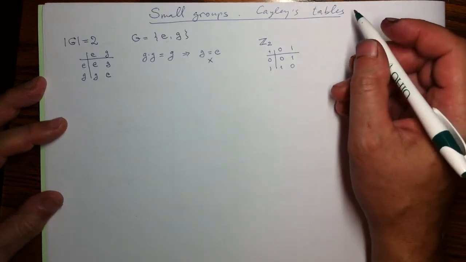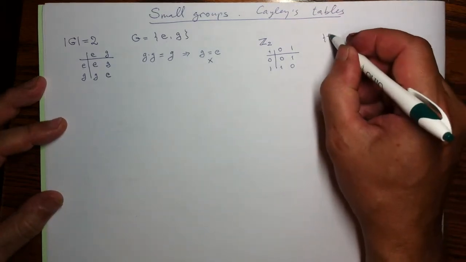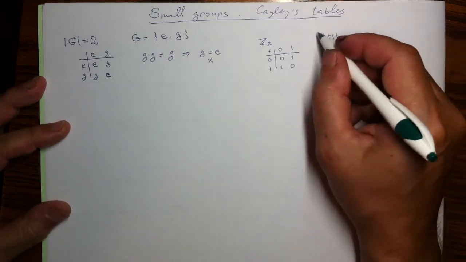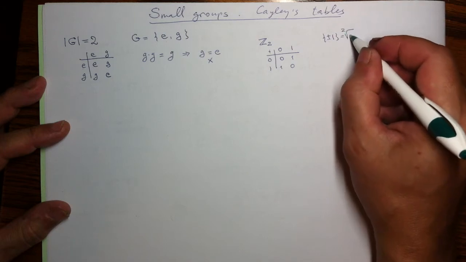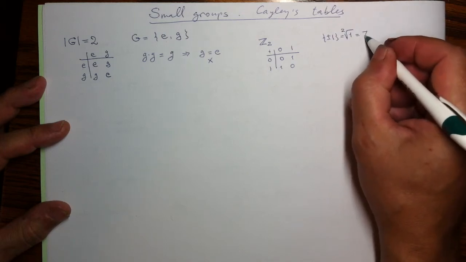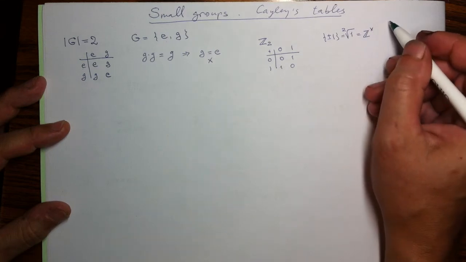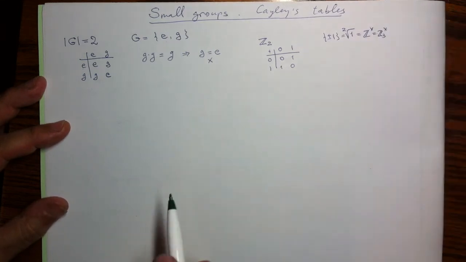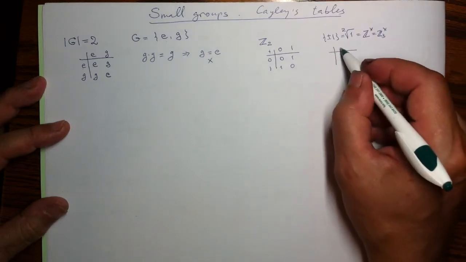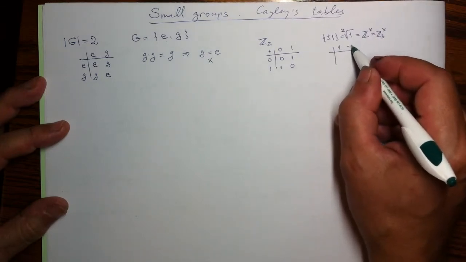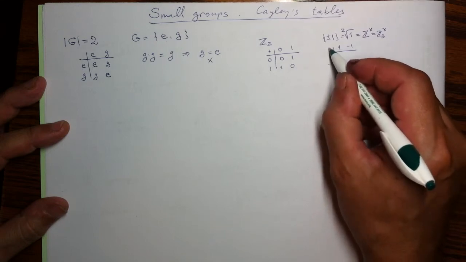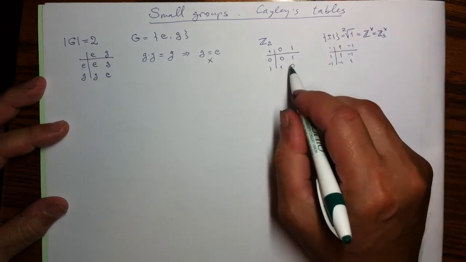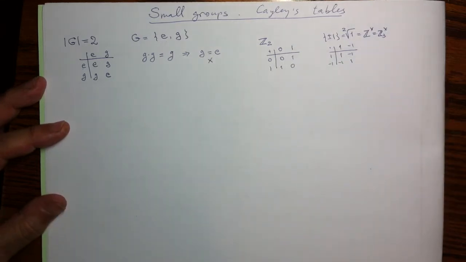Another example is the group of plus and minus 1, which appears as roots of degree 2 of 1 in complex numbers, or invertible integers modulo 3. They give the same group, and the elements are 1 and negative 1, and the multiplication table for them is indistinguishable from this generic template.